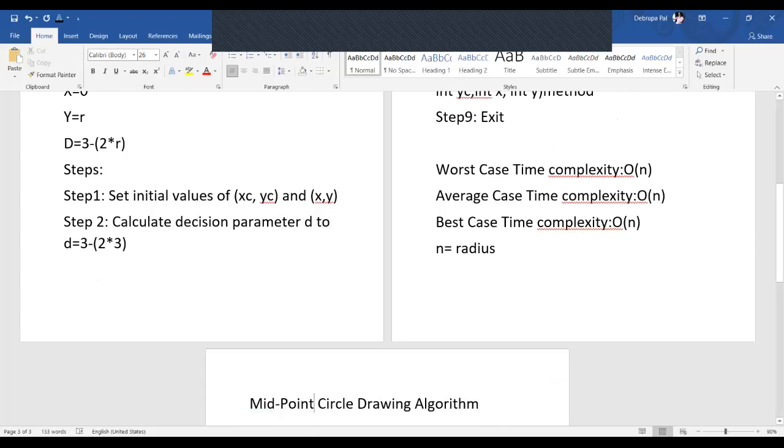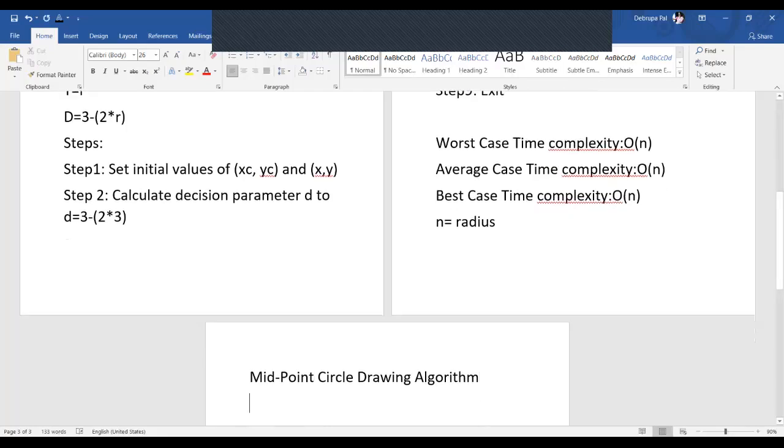Midpoint circle drawing algorithm is an algorithm which is used to determine the points needed for rasterizing a circle. What is the requirement? Rasterizing a circle. Whenever we need to rasterize a circle, we use the midpoint algorithm.